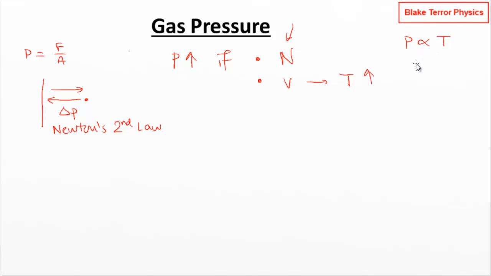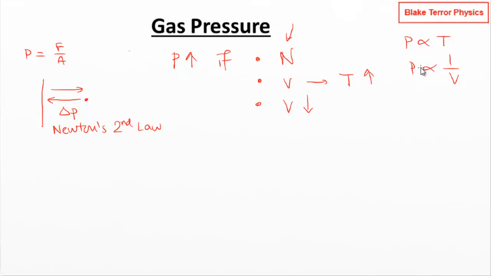If we decrease the volume, we're going to get greater pressure because we're going to have more collisions with the walls of the box. So if we've got more collisions, then we've got a greater force. So that's another thing that we could have, if the volume goes down. That's giving us pressure being inversely proportional to the volume.